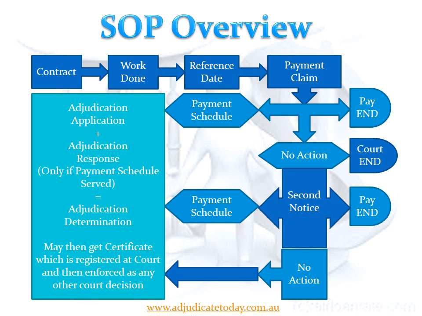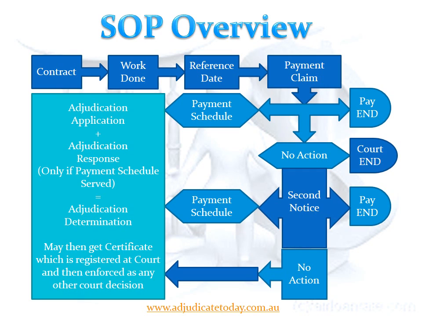There are four main documents in the security of payment process: the payment claim, which is the request for payment; the payment schedule, which is the other side's response to the payment claim and states how much they are willing to pay and the reasons they are only paying that amount, unless of course they agree to pay the full amount.